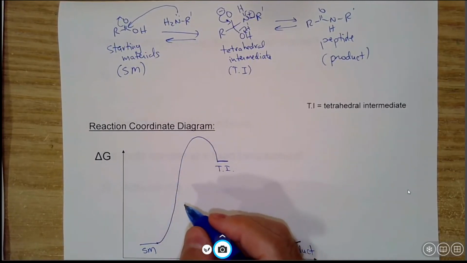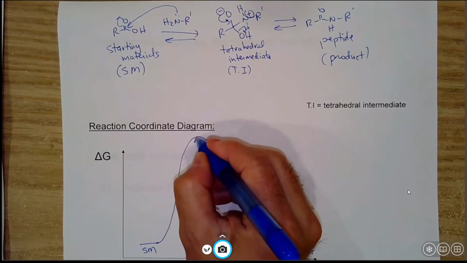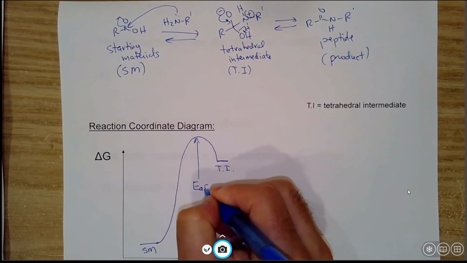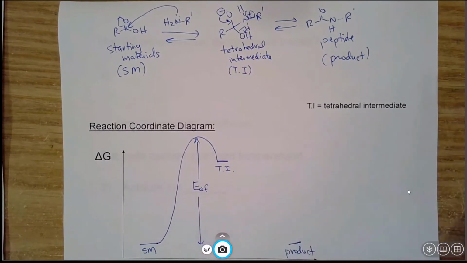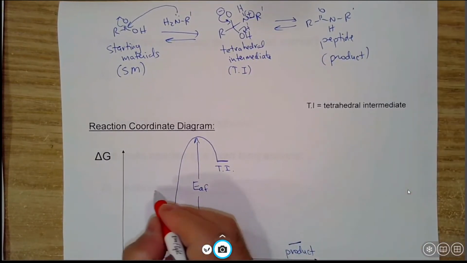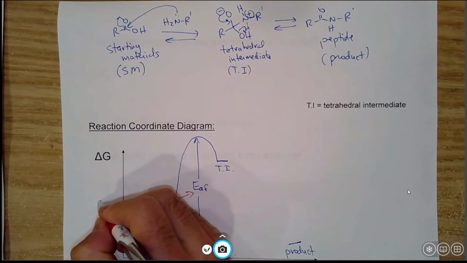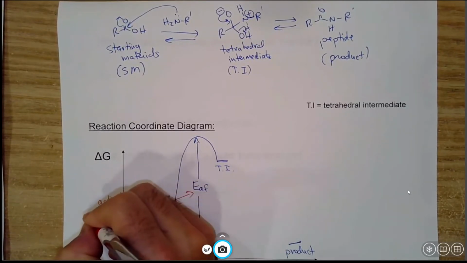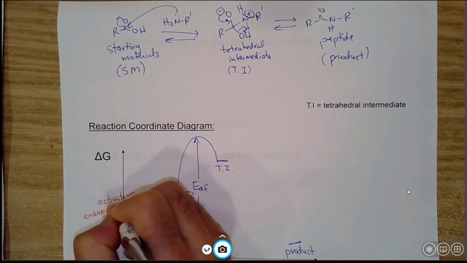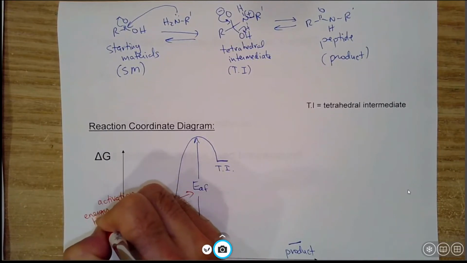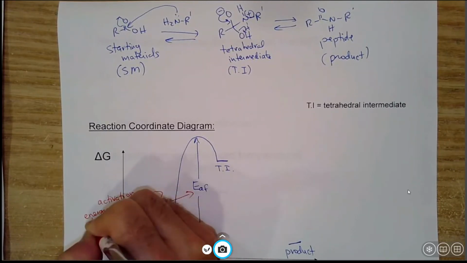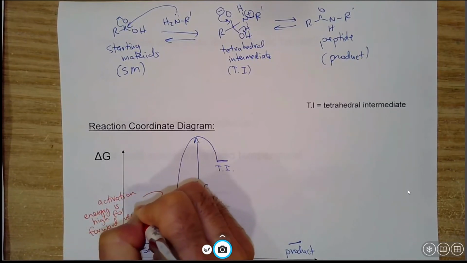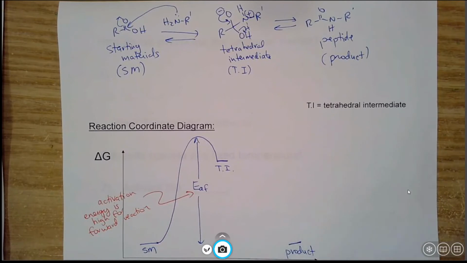We're going to call this E, activation energy, F, activation energy for the forward reaction. Okay, so that's high. It's quite high. You need a lot of energy.